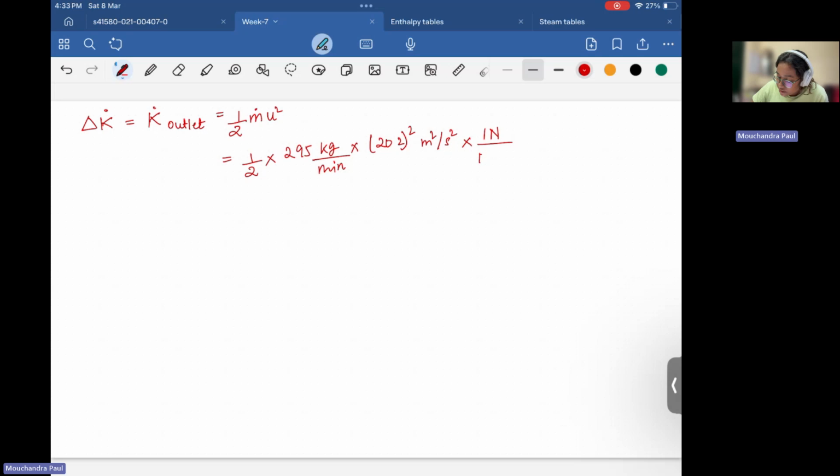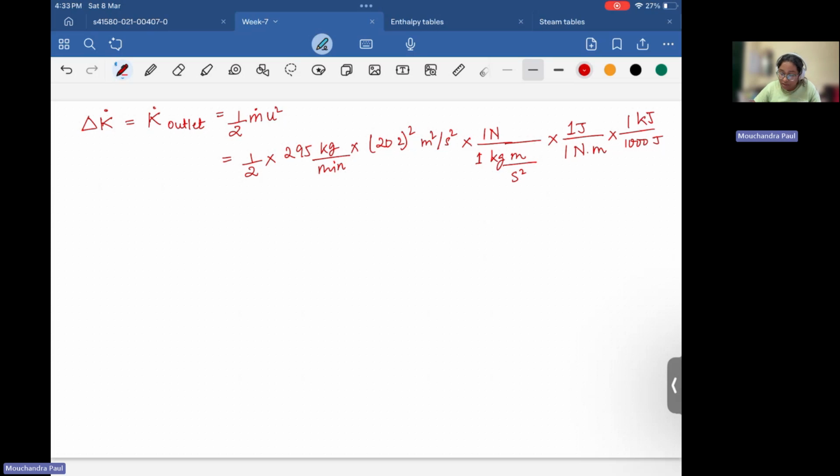this particular factor. 1 Newton is 1 kg meter per second squared, and 1 joule is 1 Newton meter, and 1000 joules is 1 kilojoule.